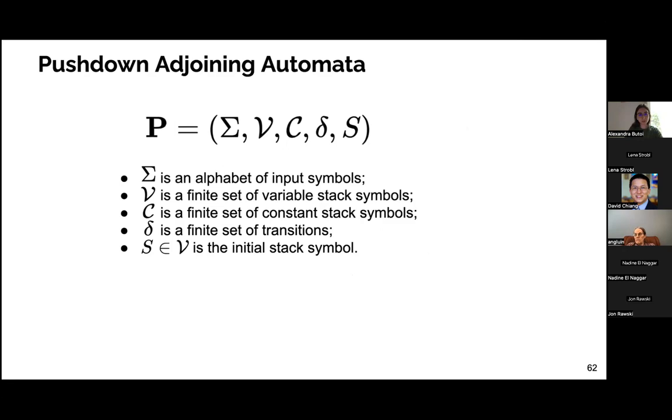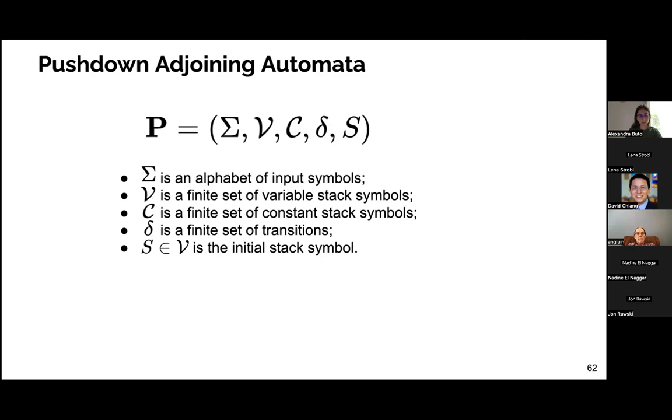A pushdown adjoining automaton is a 5-tuple where sigma is an alphabet of input symbols, V is a finite set of variable stack symbols, C is a finite set of constant stack symbols, delta is a finite set of transitions, and S is the initial stack symbol. So as in a PDA, you start with the initial stack symbol.